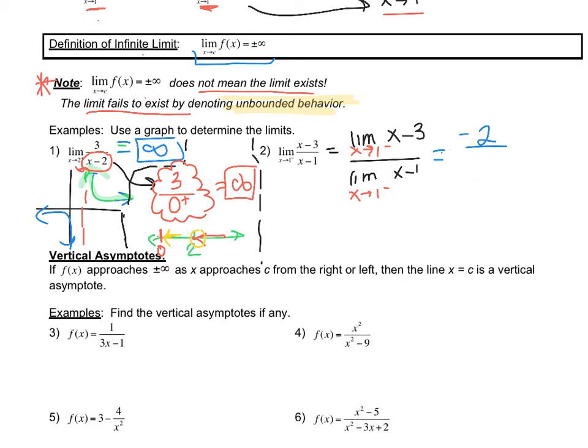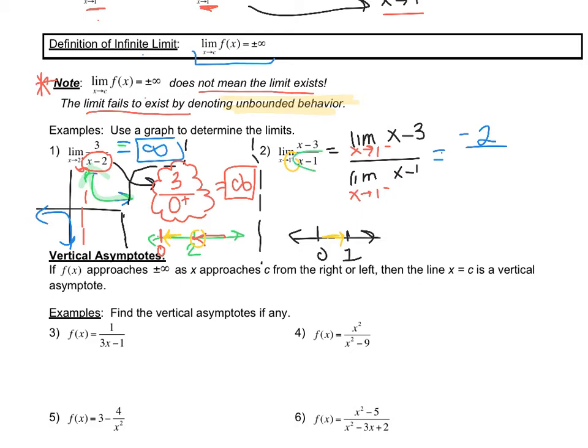So again, if it helps to draw the number line, draw the number line. So we're looking at x approaching 1, so here's 1. When I subtract 1 from that, I'm at 0. So as x approaches 1 from the left, think about x getting closer and closer to 1 from the left.